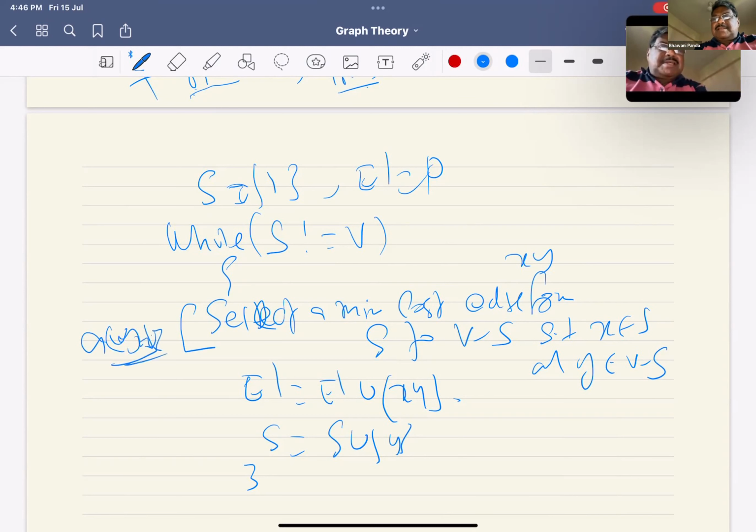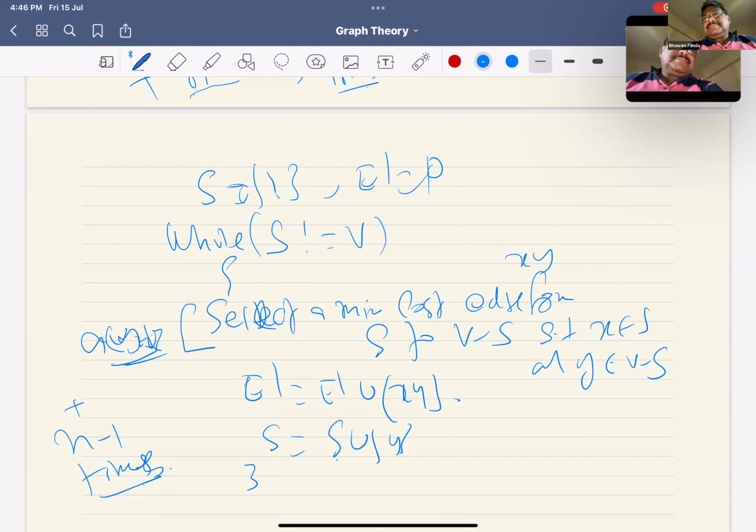Each time the set of edges is not forming a cycle, so at the end also it will not form a cycle. Since each time I'm adding one vertex to S and initially a singleton vertex is there, this while loop runs N minus 1 times, so N minus 1 edges are added. So acyclic plus N minus 1 edges will become a spanning tree.